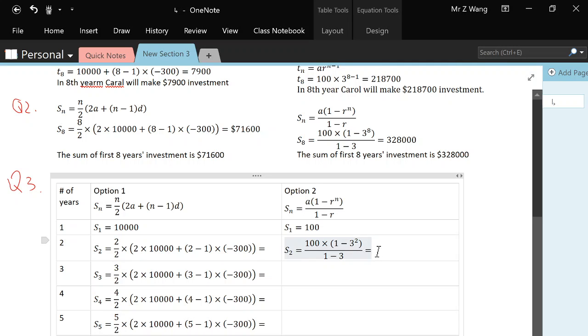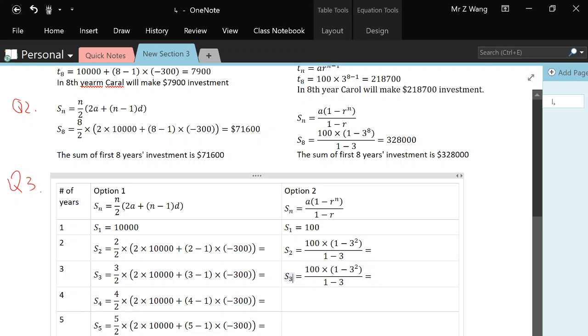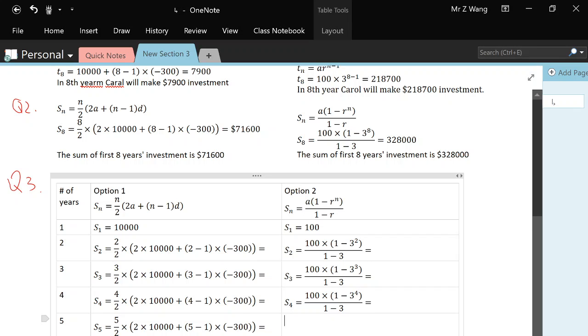Okay, and here is the same thing. 3, 3, 4, 4. And here you change it to 5 and 5.